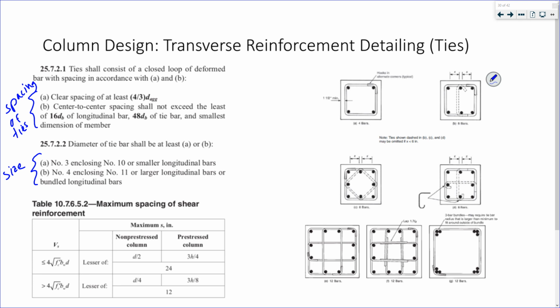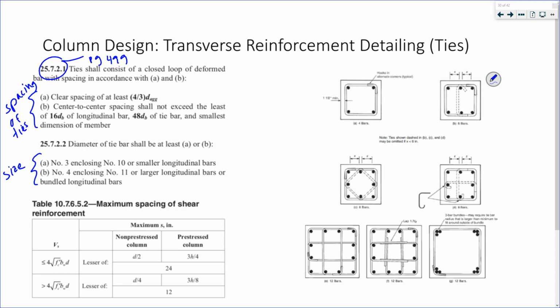So this is on page, transverse reinforcement is on page 499. It literally just looks like exactly what I have here.